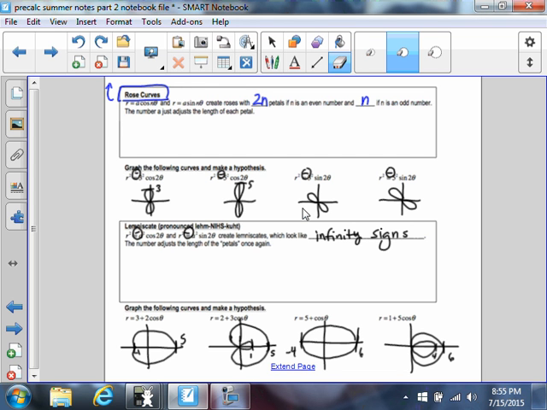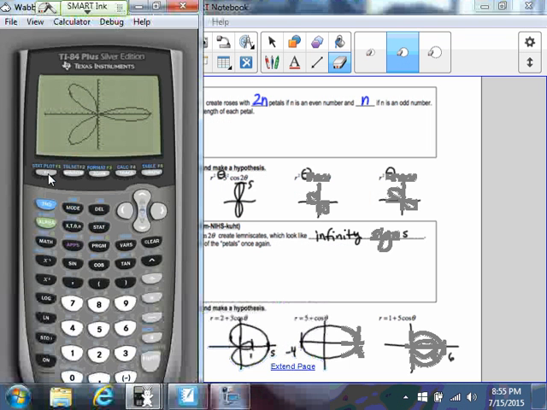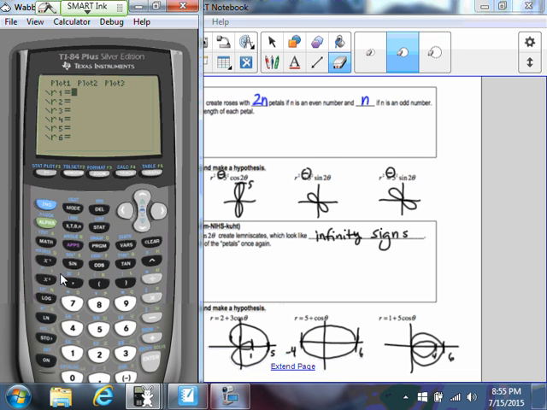These are actually going to look like infinity signs. So we'll go to our graph and put in negative 3 squared cosine of 2 theta. But I actually have to put a positive square root and a negative square root. So I'm going to do second square root of negative 5 squared, cosine of 2 theta.